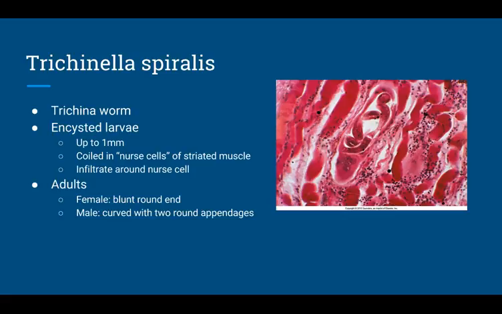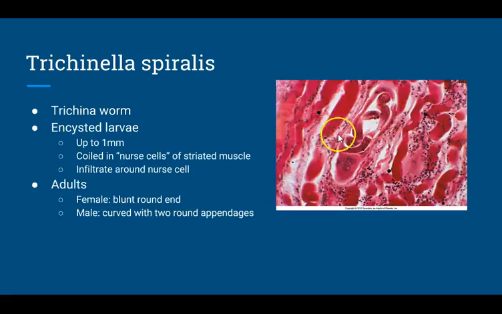Okay, Trichinella spiralis is also known as the trichina worm. These have only 2 stages that you need to know: the encysted larva and the adult worm. The encysted larva is up to 1 millimeter, and it's found in striated muscles coiled up in cells.